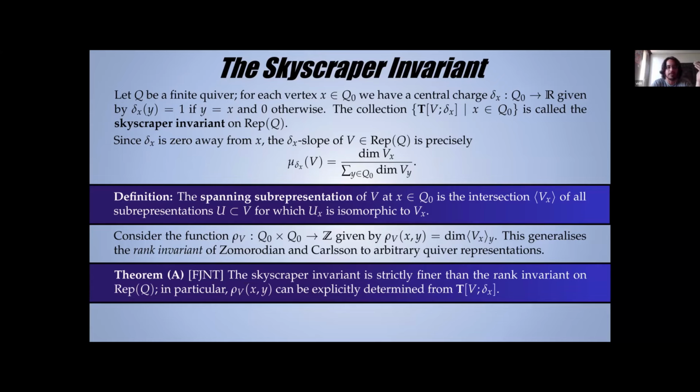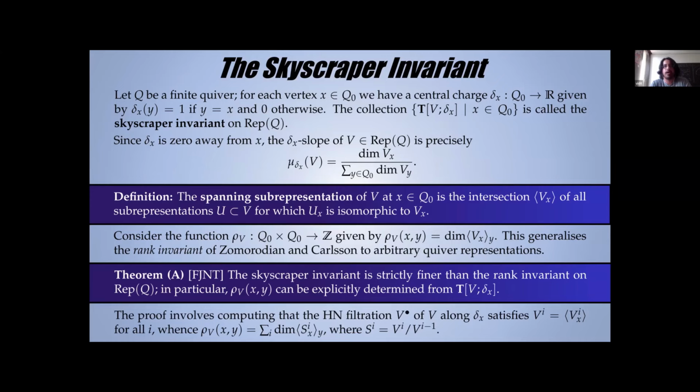So here's the first theorem. Finally, after all this nonsense, you can actually recover the rank invariant explicitly from the skyscraper invariant. In fact, if you want to get rho V of XY, it's enough to know the skyscraper with respect to delta X. That'll tell you all the Y's above the X. There's a nice formula there that'll do it.